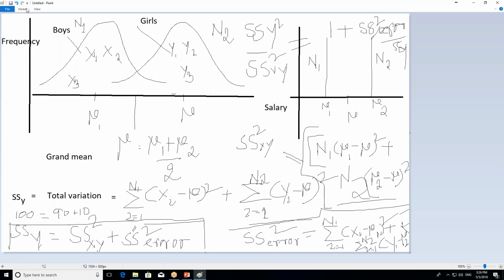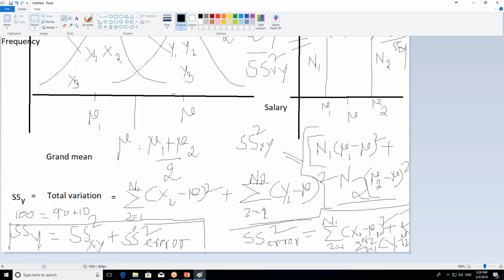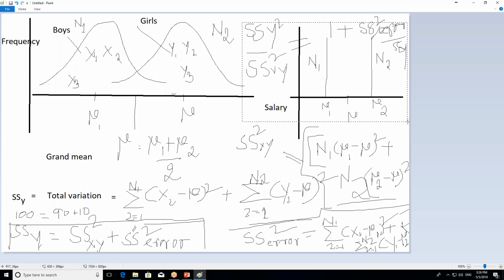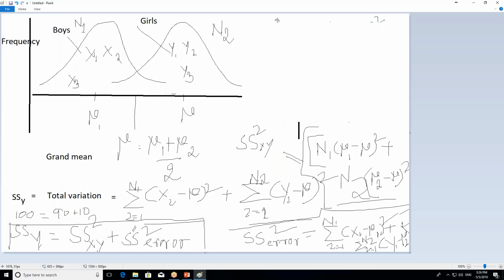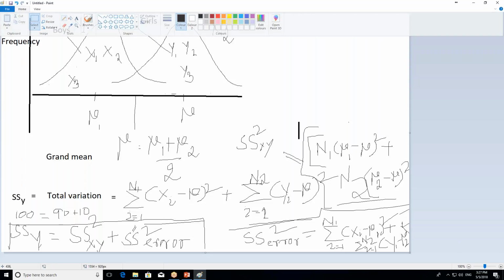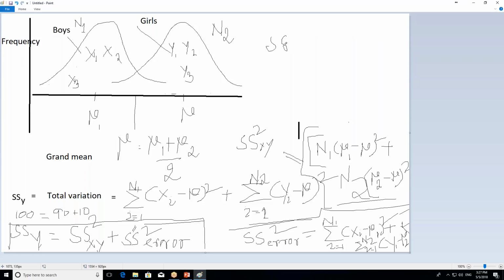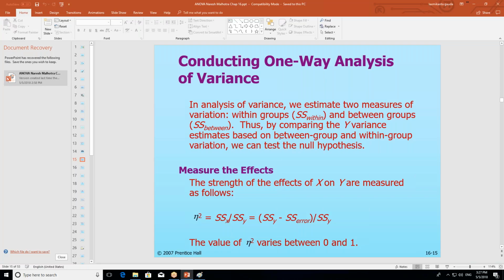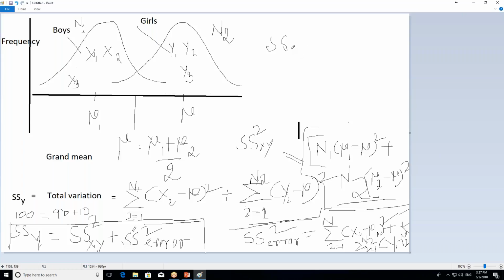So what they are telling is, SSY minus SS error is equal to SSX, right?